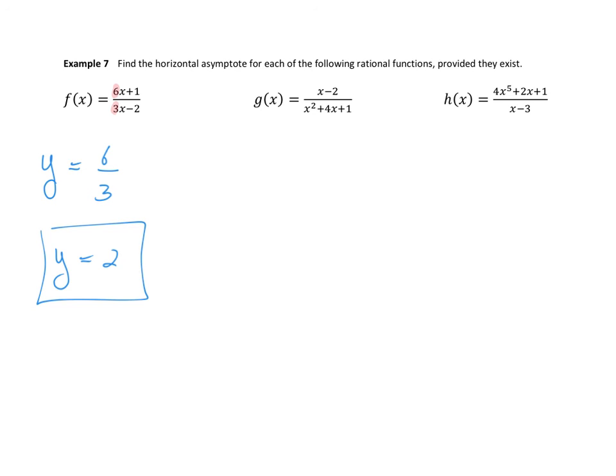You can say the top is really 0x squared plus x minus 2. Now we're okay because in the top there are 0 x squareds, and in the bottom, it isn't written, but there's a 1x squared. So the ratio is 0 to 1, and if we divide these two numbers, you just get y is equal to 0.